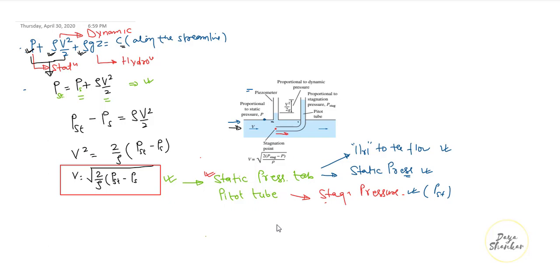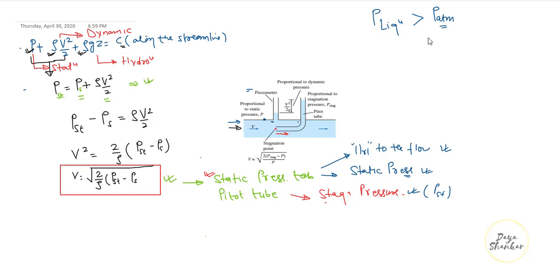So now first condition is, suppose in a situation in which static and stagnation pressure of a flowing fluid, that means a flowing liquid, consider it liquid, is greater than the atmospheric pressure. That means suppose the pressure of liquid is greater than the atmospheric pressure.